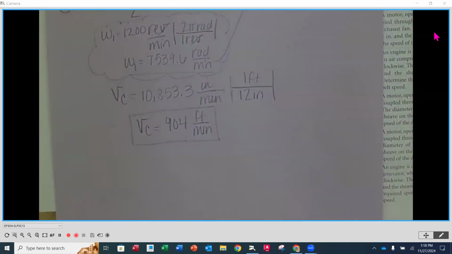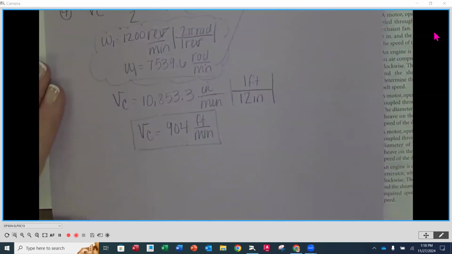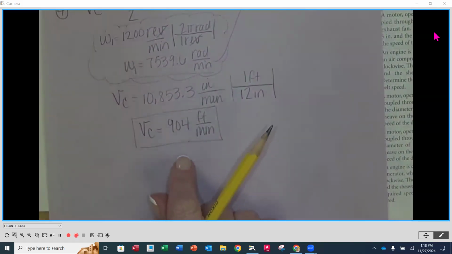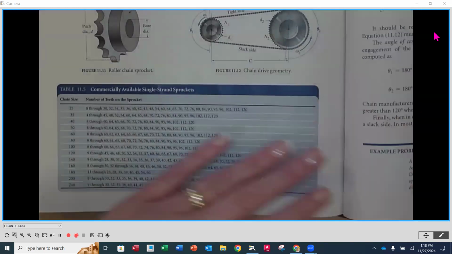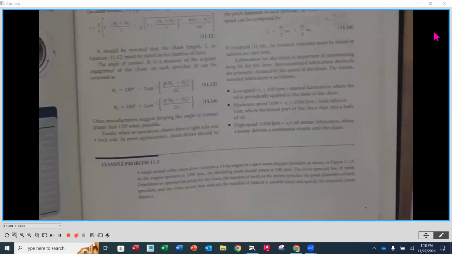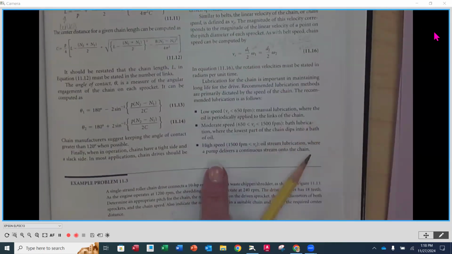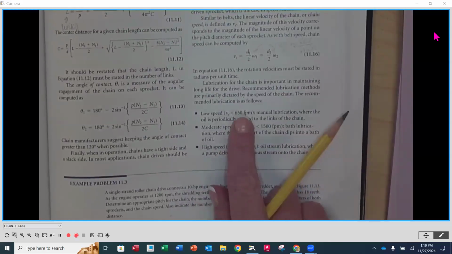All right. So that means that we have the belt speed. Now, you might be like, well, why do I want to know that? Remember, if we look back at the bottom of page 311, right before the problem statement here, this is what qualifies the speed to let us know further down in the design process how we need to handle lubrication.